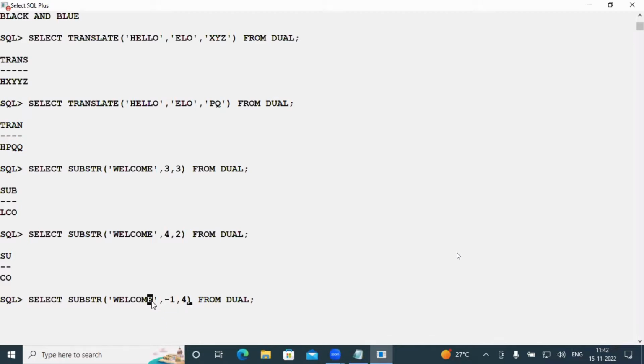So this is minus 1, minus 2, minus 3, minus 4, minus 5, minus 6, minus 7. So minus 1 means here, E. From there, you need to count left side and right side.